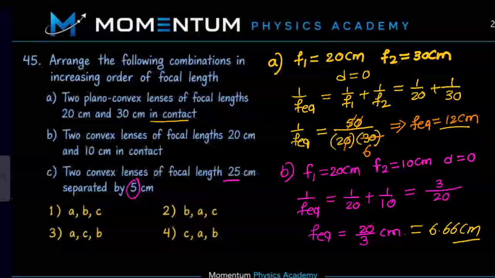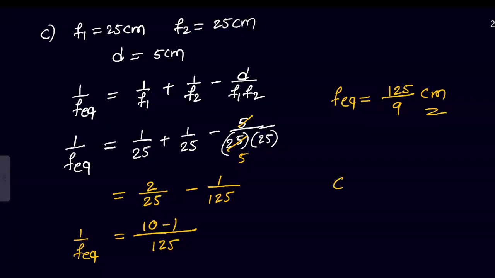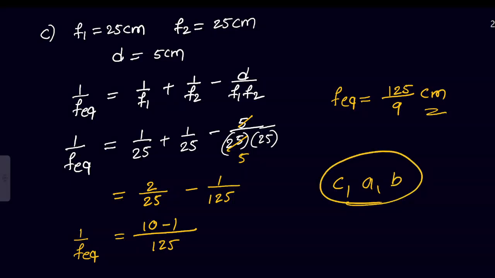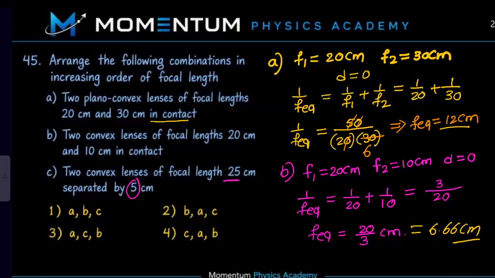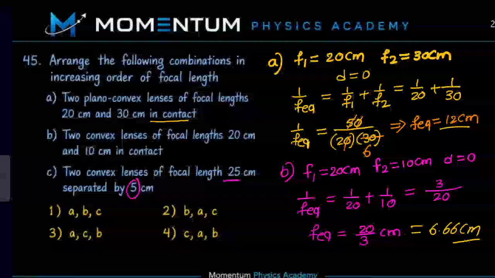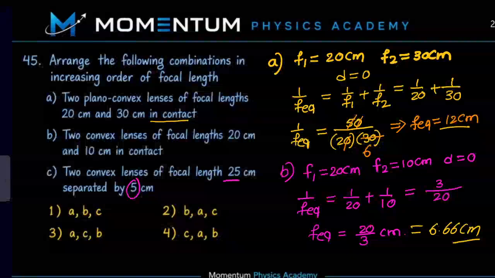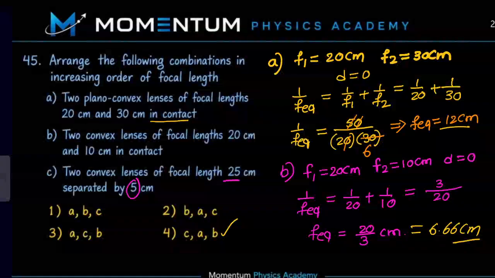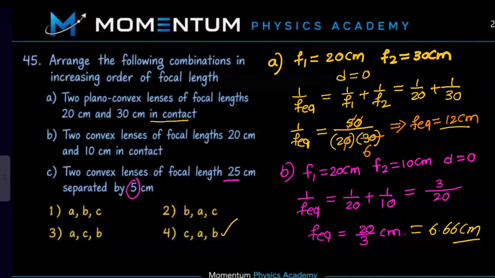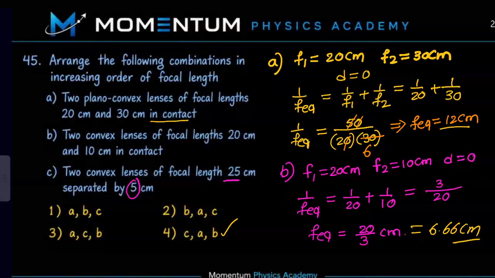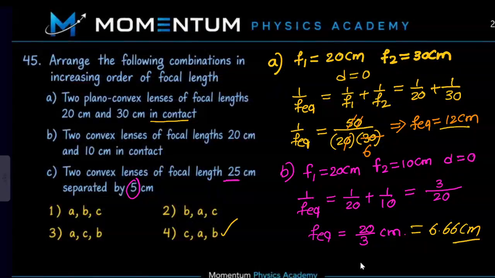Yeah, so this is more now. First we have C, next we have A, next we have B. B is least. This value more than 12.5 now. Yes, sir. So that is C, A, B. So this is fourth option. Yes, sir. Fourth option. Yes.